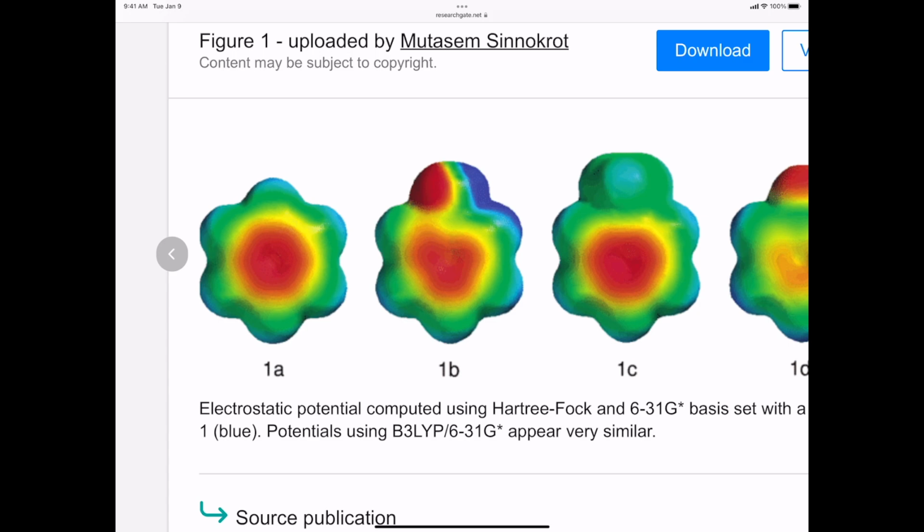You can see that for phenol versus benzene, there's not a big difference in electrostatic potential. So you wouldn't predict a big difference in cation pi affinity for benzene versus phenol in the gas phase or even in biology, despite what we just saw where the OH group accelerates the nitration reaction and is also an electron donating group.